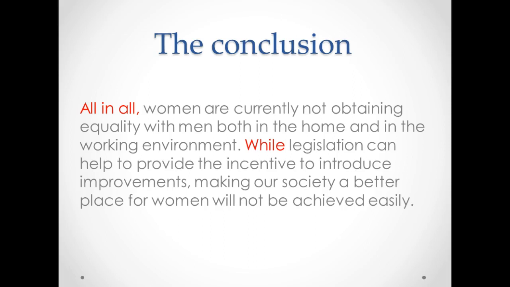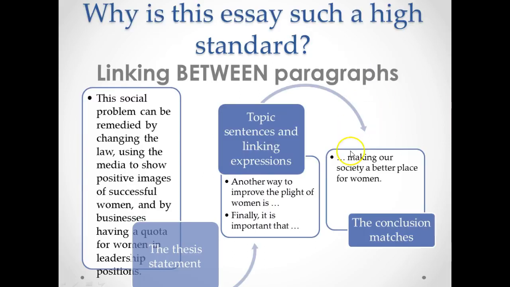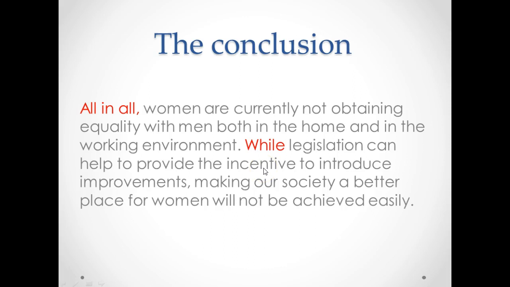While legislation can help to provide the incentive to introduce improvements, making our society a better place for women will not be achieved easily. And the student finishes a little bit negatively with a warning.